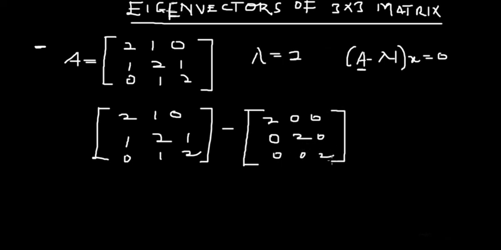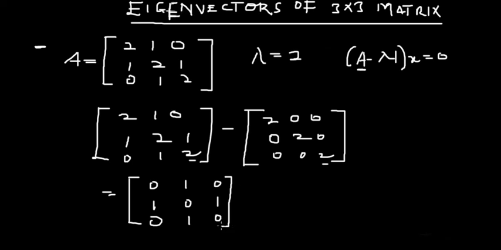From here we proceed to doing simple algebra. So we have 2 minus 2, that's 0, 1, 0, and then 1, 2 minus 2 gives us 0, and then 1 over here, then 0, 1, and 2 minus 2 gives us 0.